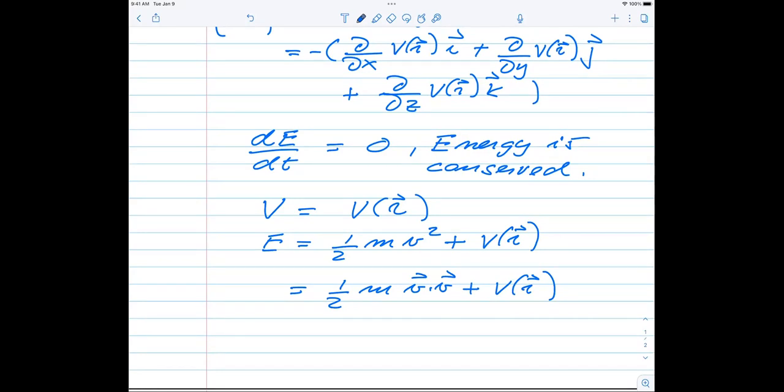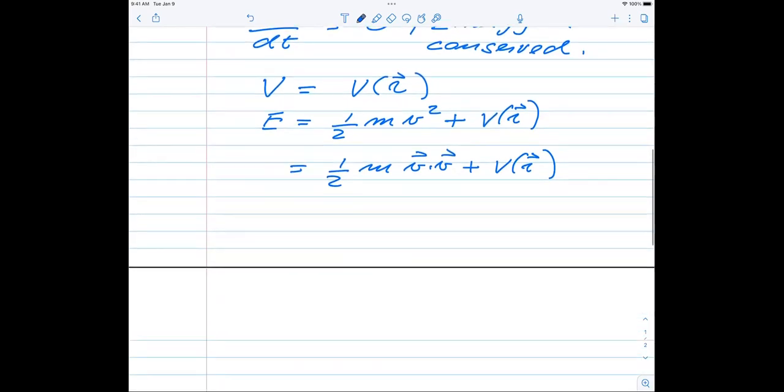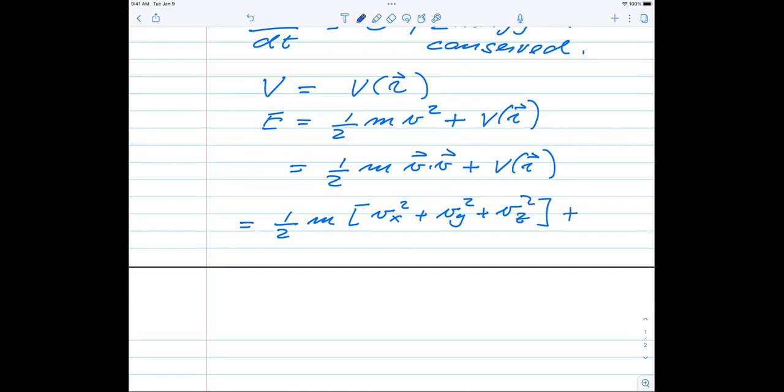And what we're going to do then is that we need a derivative of the kinetic energy and of the potential energy. So if we now rewrite things here, we can write this as 1/2 times m, and then we have obviously Vx squared when we write it out, Vy squared plus Vz squared, plus this potential V of r.